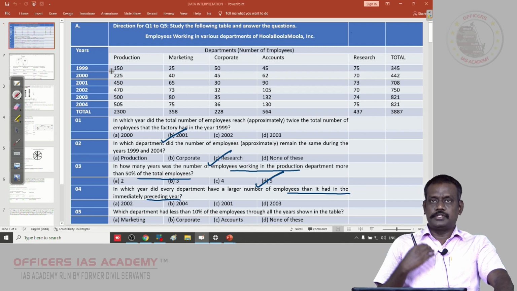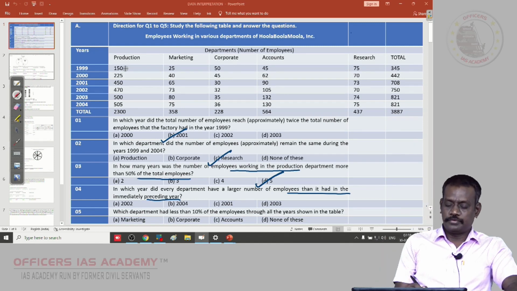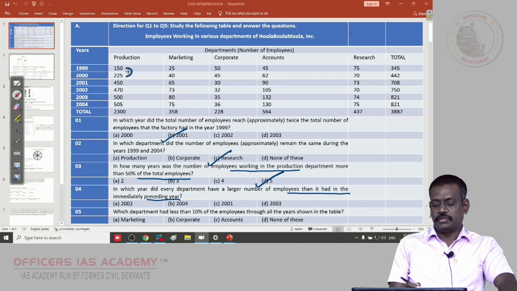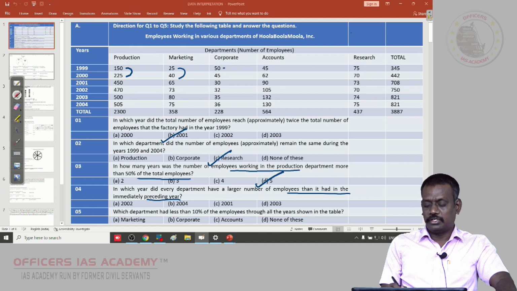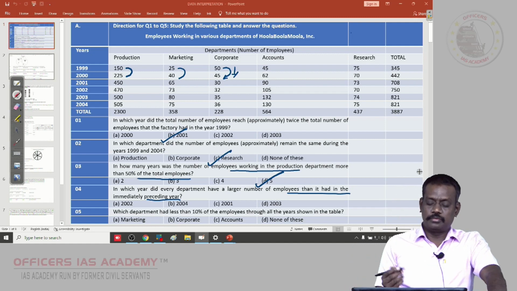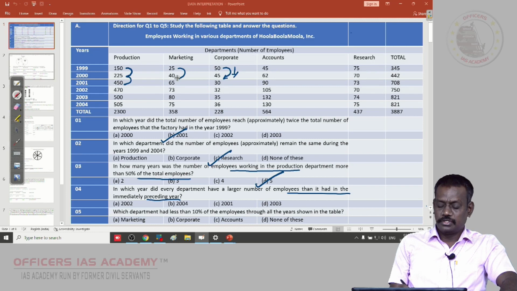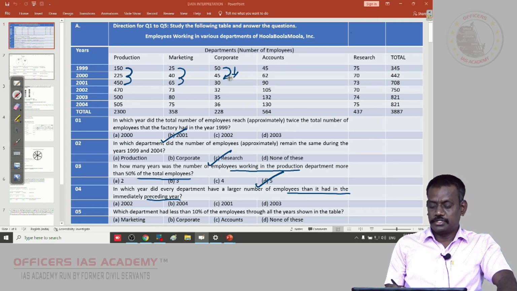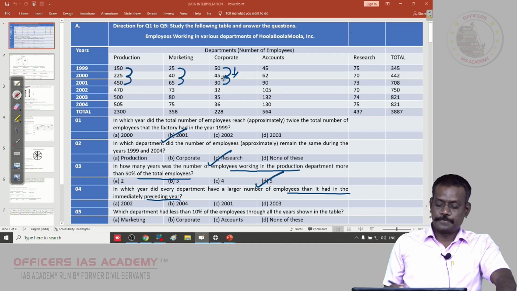Okay. So it means this year the number of employees should be greater than the previous year. So if you see from 150 to 225, it has increased, and 25 to 40 it has increased, but 50 to 45 it has decreased. Okay, it has to be increased, so this is not possible. Next, 225 to 450 it has increased, 40 to 65 also increased, 45 to 30 it has decreased. Okay, but it has to be increased.